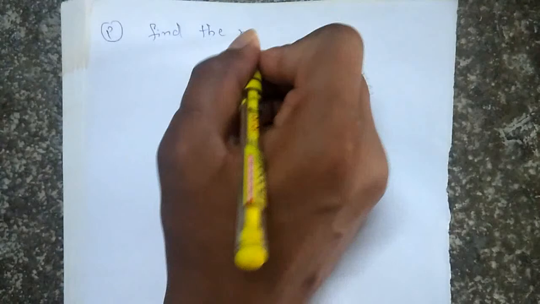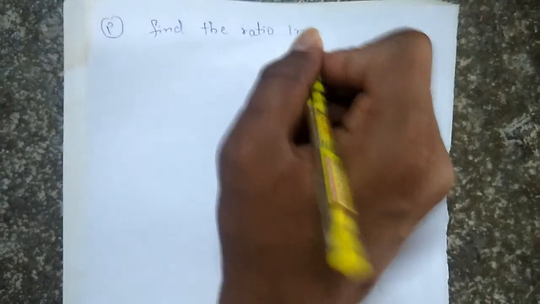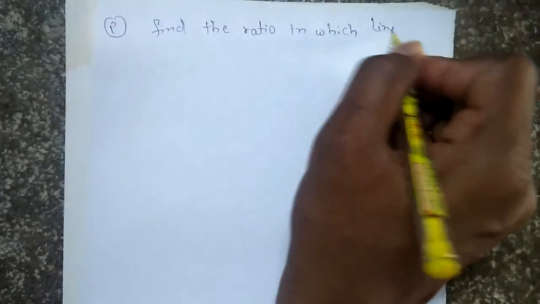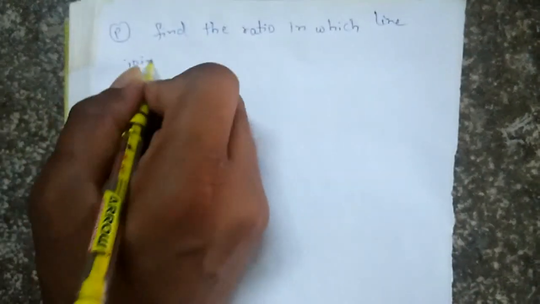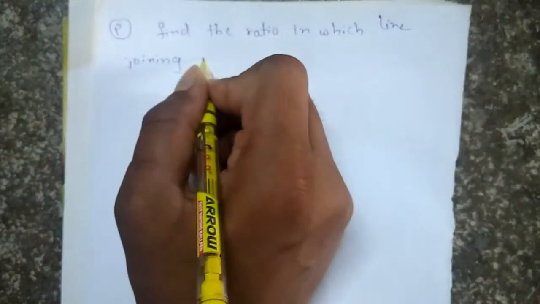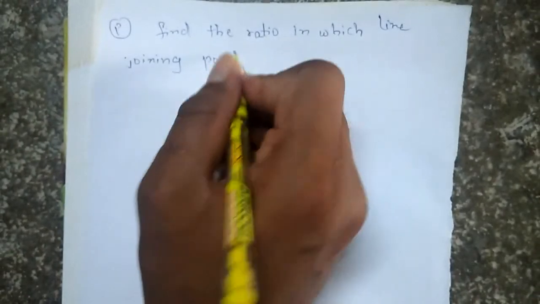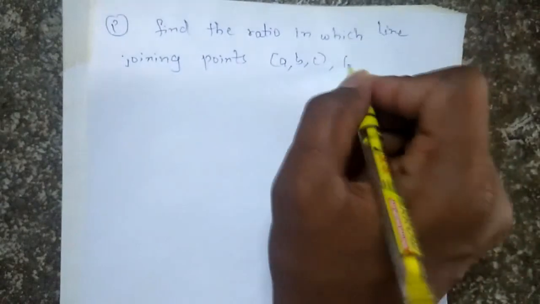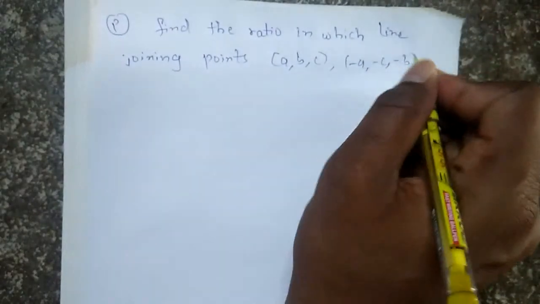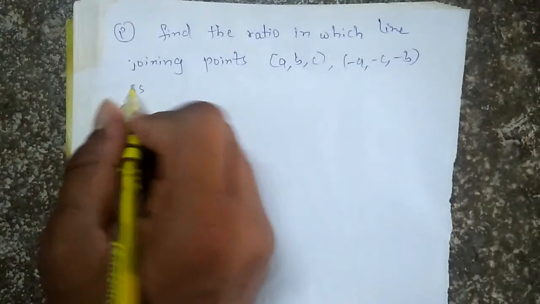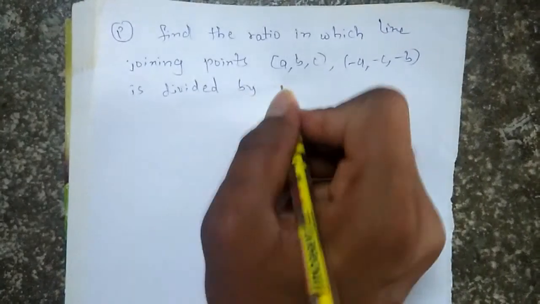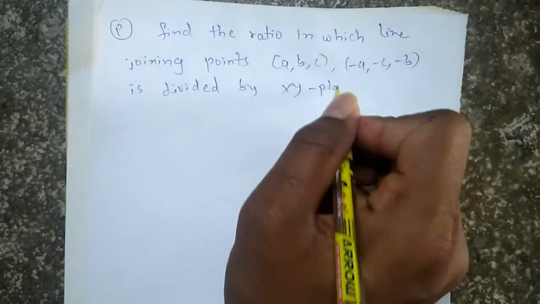Find the ratio in which the line joining the points a, b, c and minus a, minus c, minus b is divided by the xy plane.